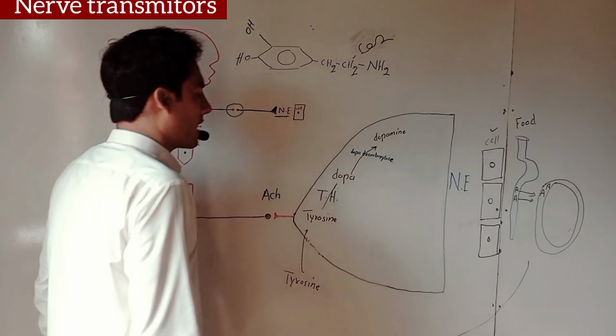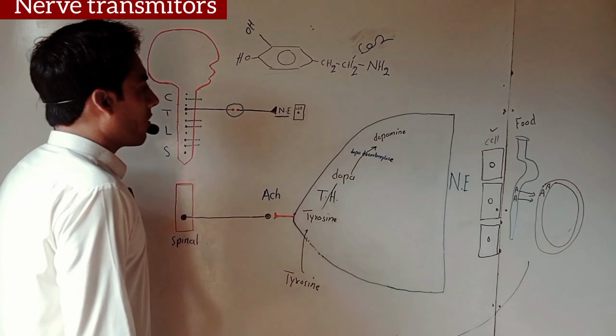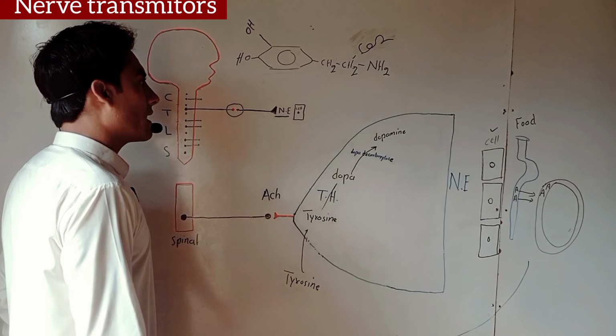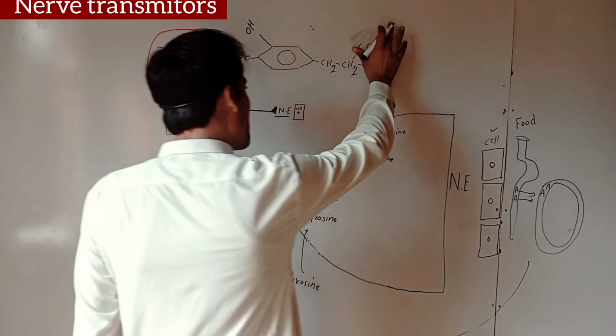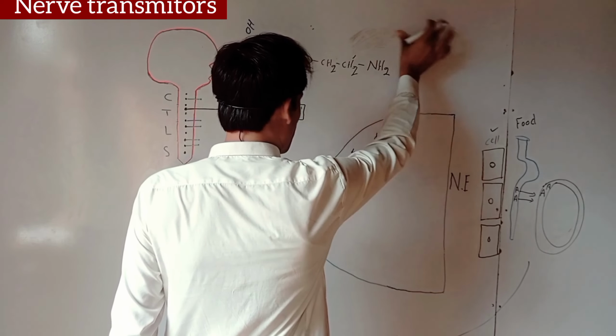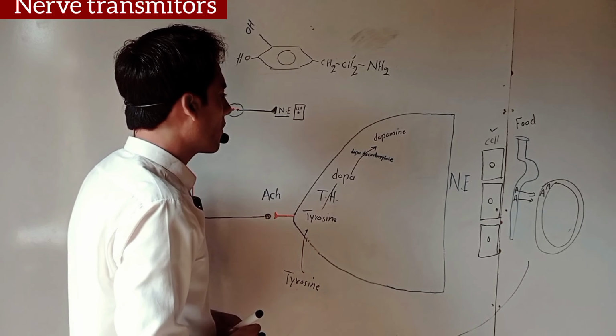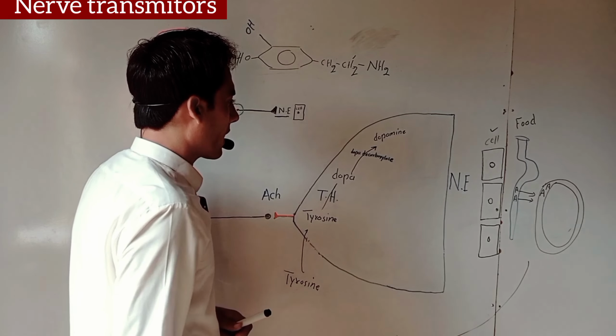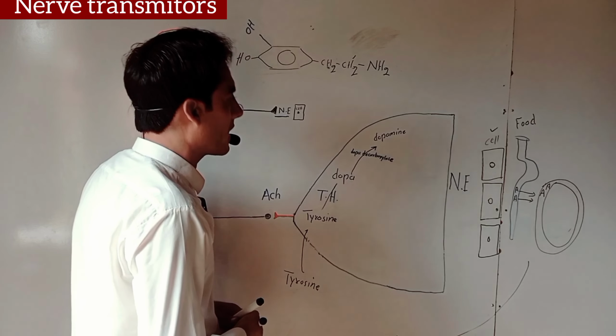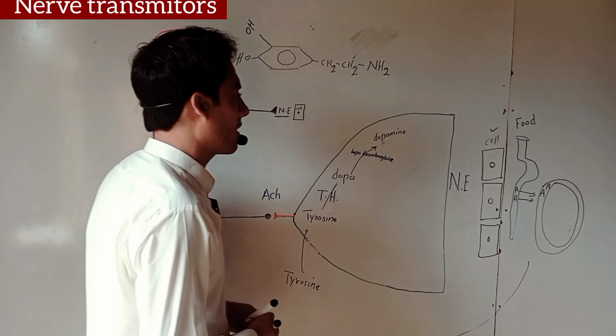DOPA decarboxylase removes carbon dioxide from the basic structure of DOPA and converts DOPA into dopamine. As soon as dopamine is produced, it is directly pumped into a vesicle.